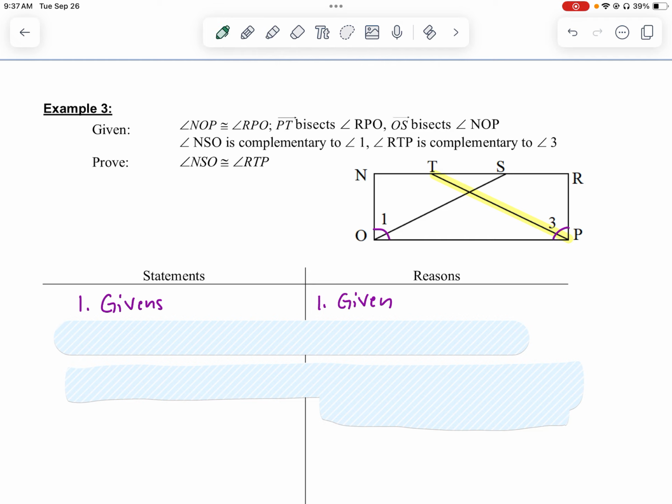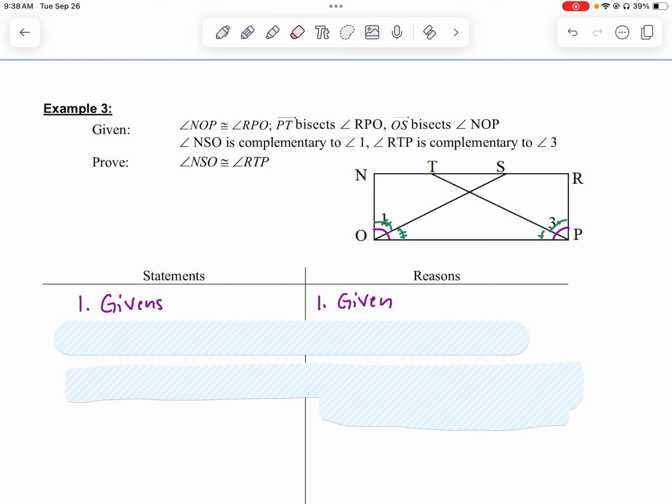This is an optional marking, but just so I know this, I'm going to say these two angles, even though they don't look it, are congruent to each other. Ray OS, that's here, bisects angle NOP. So these angles, with different markings because I don't know about their relationships, are congruent to each other.